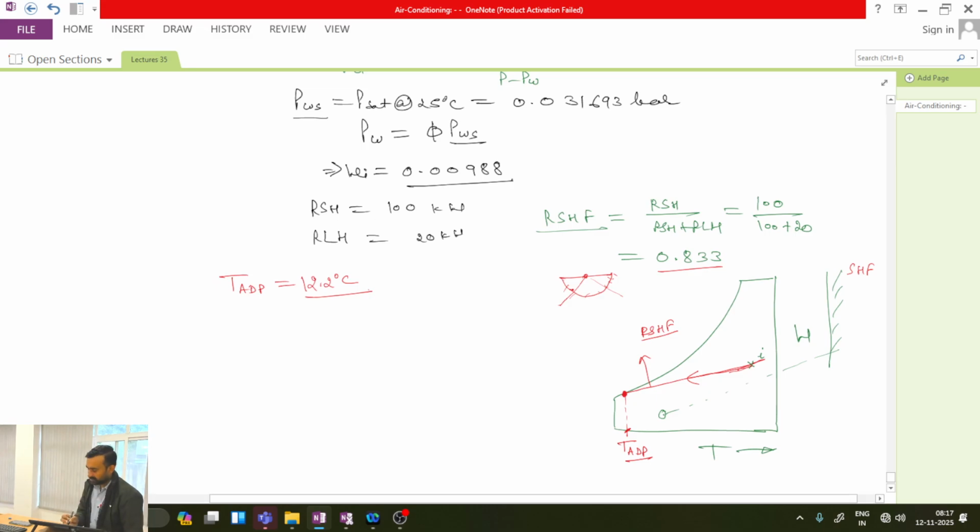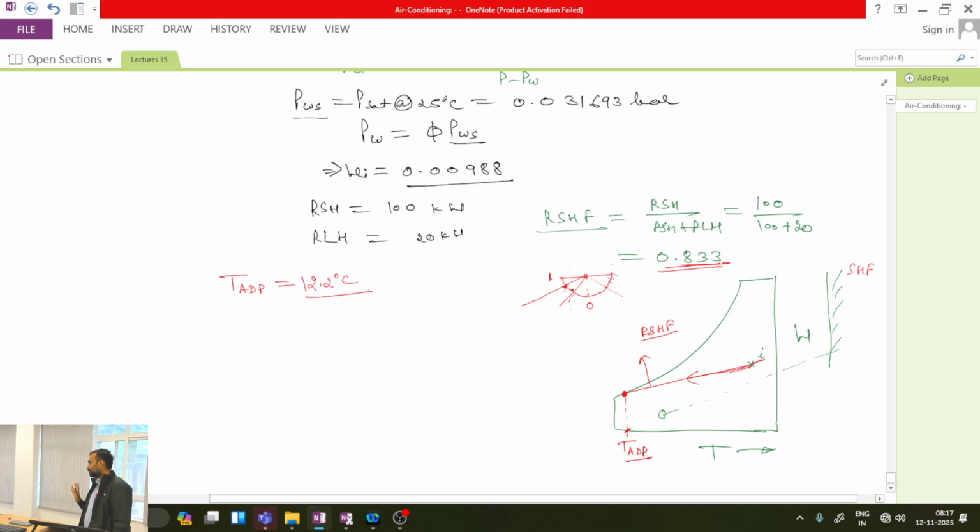Because in this protractor, the angle value is not given directly. Some of the psychometric charts directly give the scale from 0 to 1. In this case, depending upon the given value of the RSHF, which is 0.833, you can take that value and you can draw a line parallel to that line.